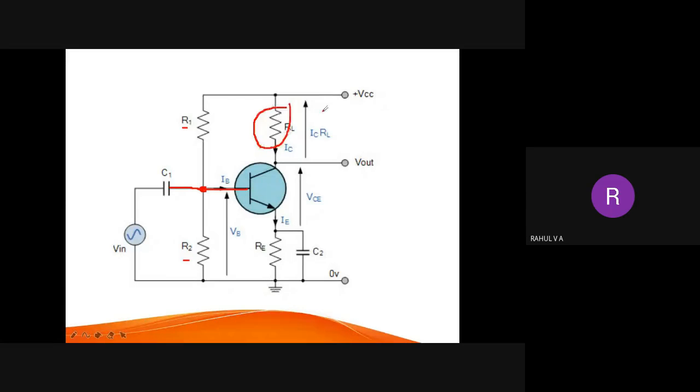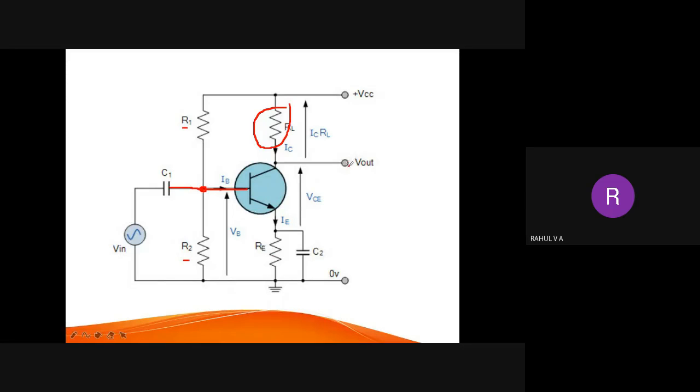At the emitter, we have a resistor connected to ground, and parallel to this resistor we have a capacitor, which is called the emitter capacitor. Across this, you will get the output.